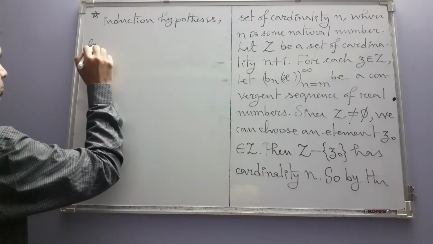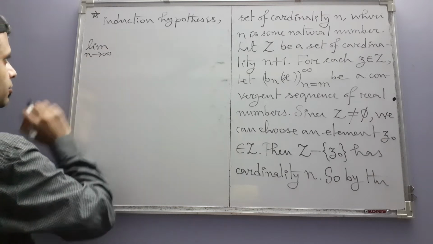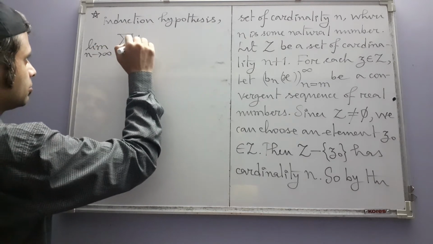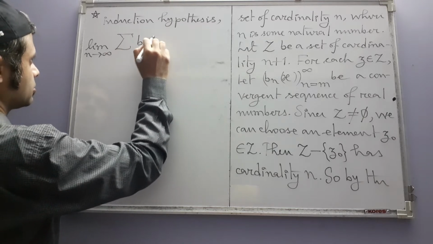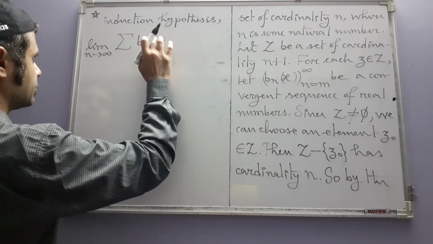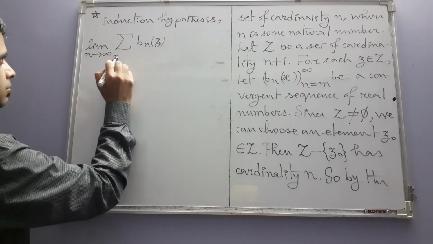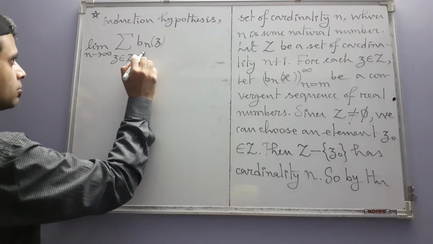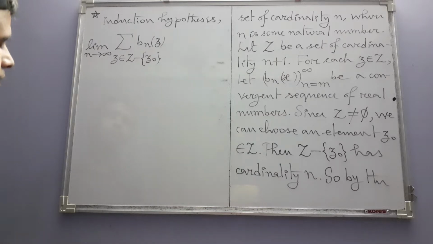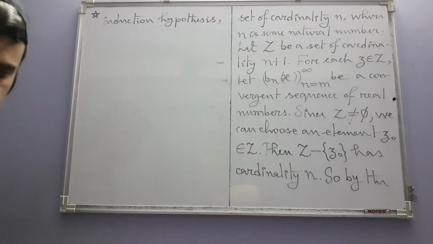This thing we have, limit as n approaches infinity of this sum Bn(z). Because we have Z, so let the variable element be denoted by z, minus z naught is equal. I think it's better to write it not necessarily in one line but like this.